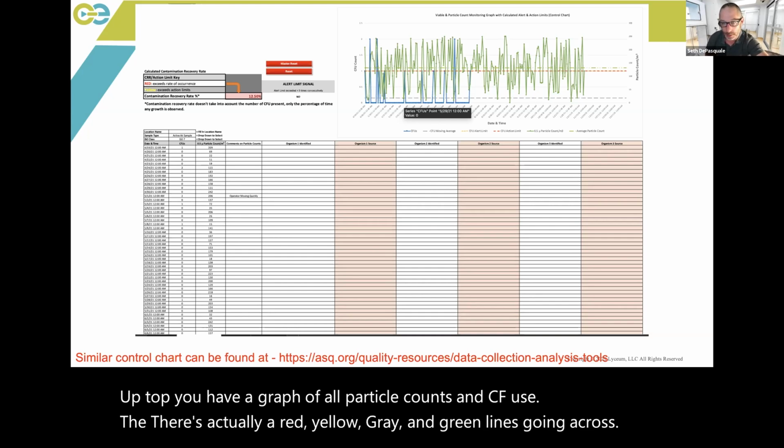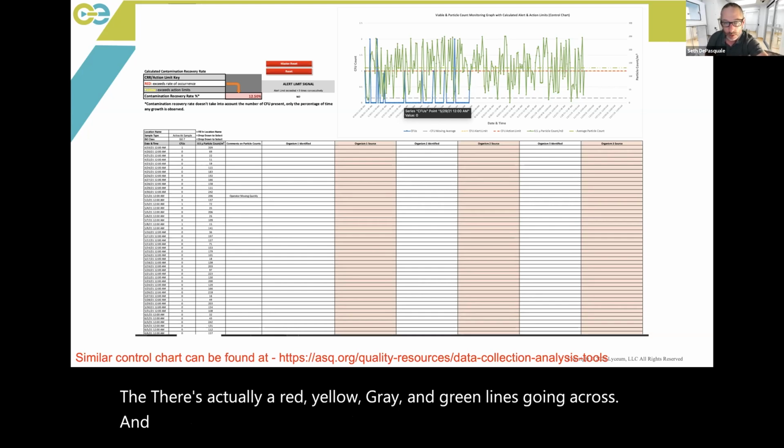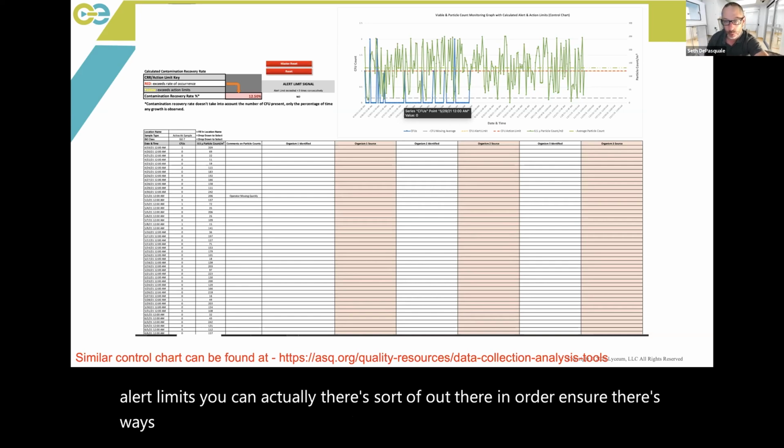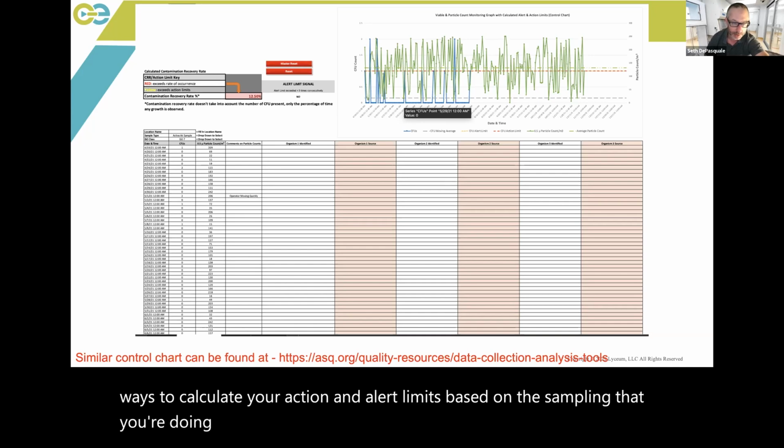While we do have set action and alert limits according to 797, there are also ways in the literature to calculate your action and alert limits based on the sampling that you're doing on a daily or weekly basis.